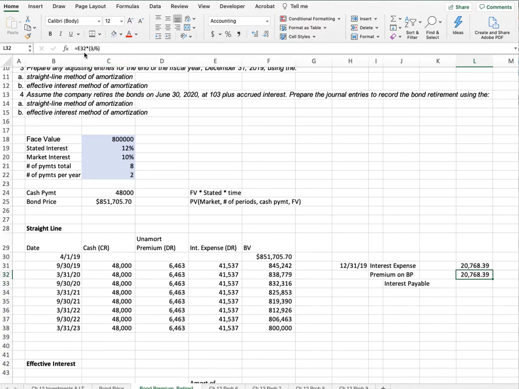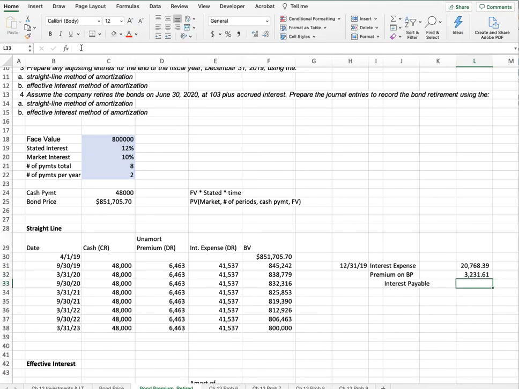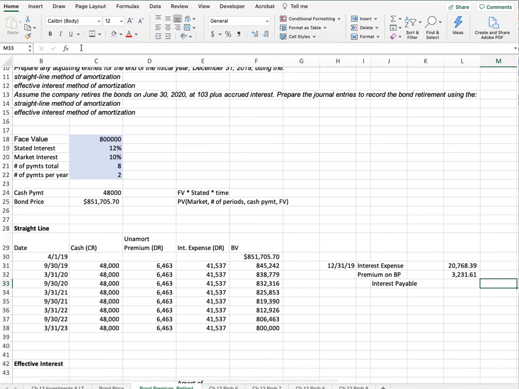Oh, but this should have been D32, I apologize. So that premium, we have $3,231.60, and then we can just add these together, and it's $2,400, which makes sense because that would be half of $48,000. So that's what our journal entry looks like using the straight line method.